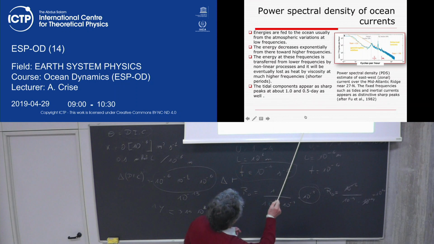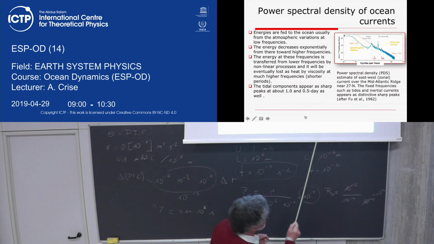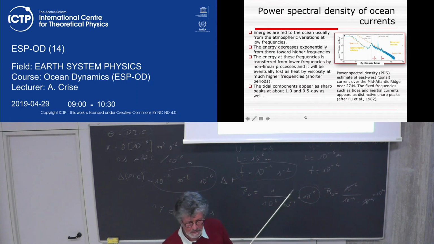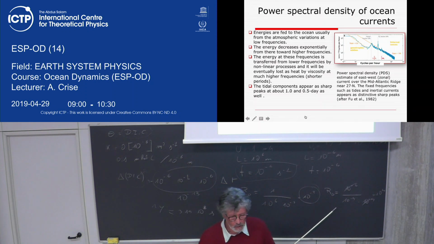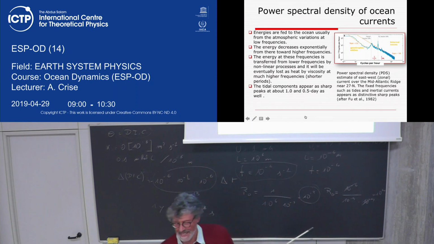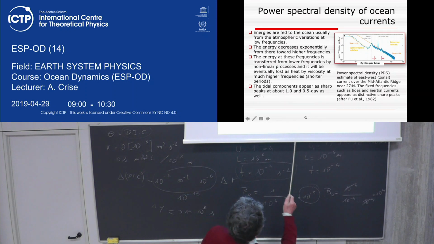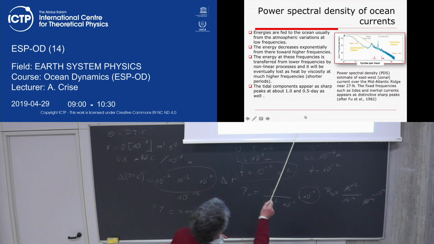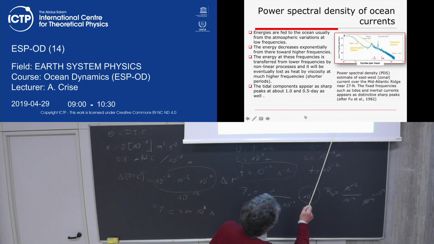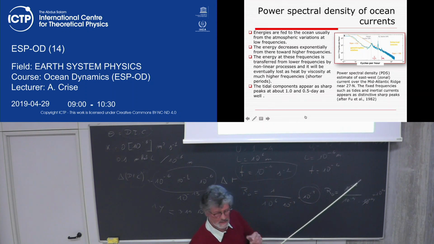You see, this is a power spectrum density. You know what a power spectrum is? It is the Fourier transform of a time series, squared, so essentially proportional to the energy. These are cycles per hour; the higher the number of cycles, the higher the frequency.